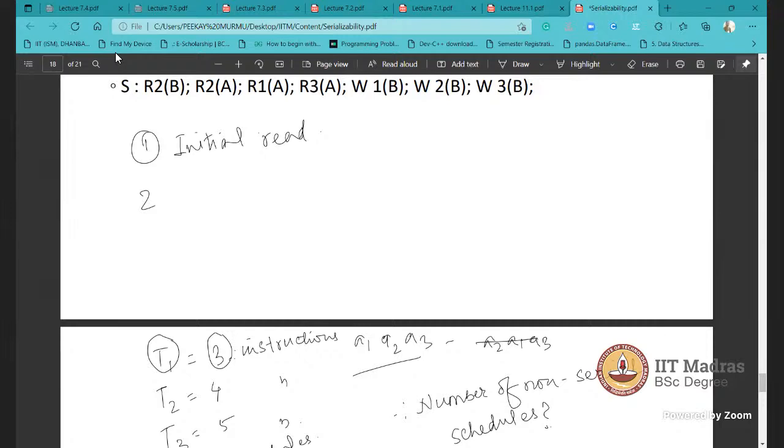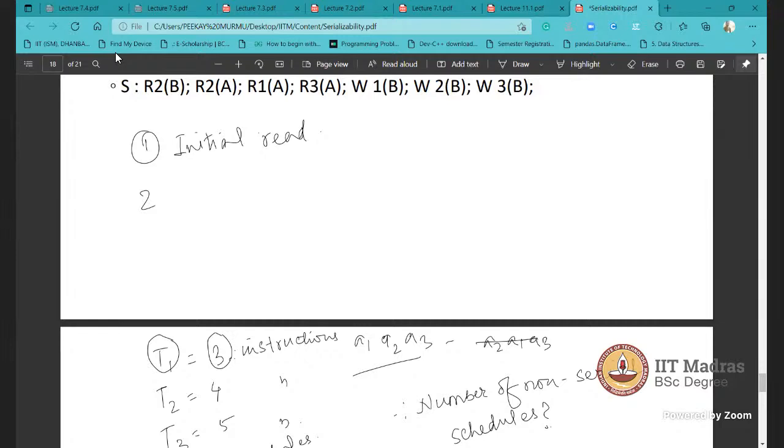So to check conflict serializability, draw the precedence graph first. If there is a cycle present, then you can say this schedule is not conflict serializable.